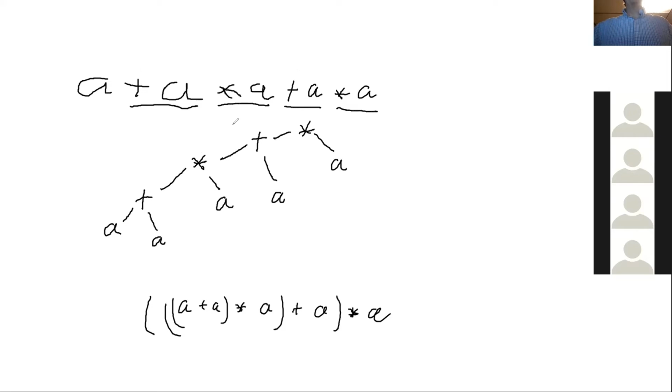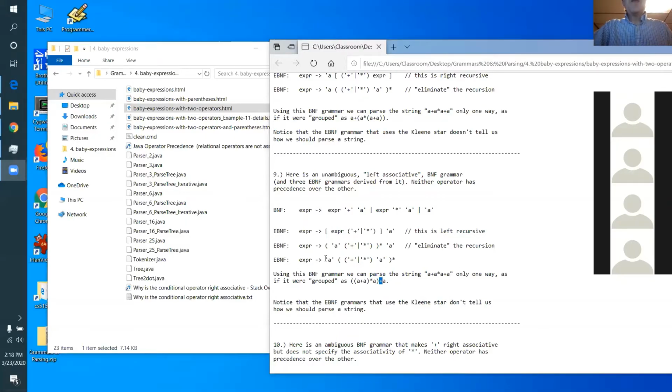Now let's go back to the grammar so we can see it. There was the iteration, and look, we go back to the grammar. There was the initial A, and then you iterate, either plus A or times A, plus A or times A. So we iterate from left to right, building the tree from the bottom up.